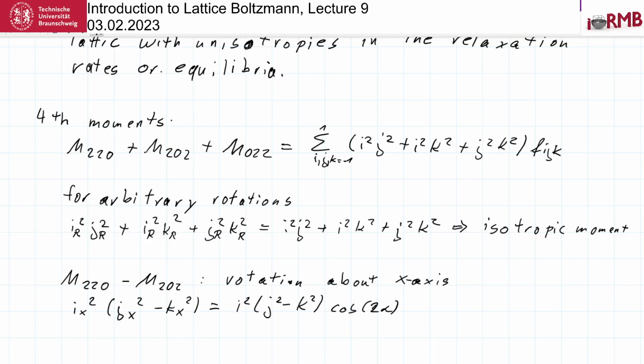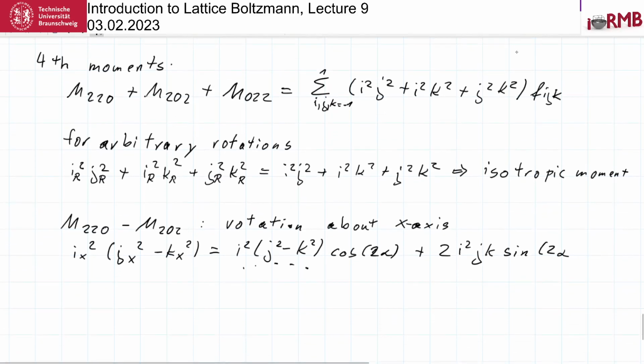Yeah, so it's pretty similar to what we had before. So we have the moment itself plus something that it can be turned into. It's 2 I square J K sine 2 alpha. So, and here we see that this can now be turned into the moment M211, right? By rotation.